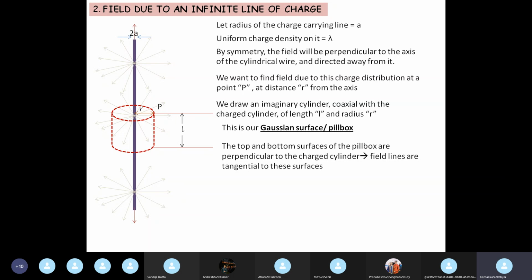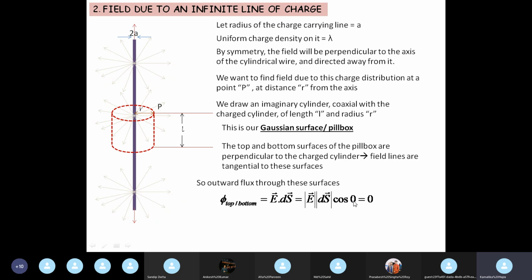So there is no contribution to the flux for the lines that are tangential to the surface. Therefore, the top and bottom surface do not contribute.